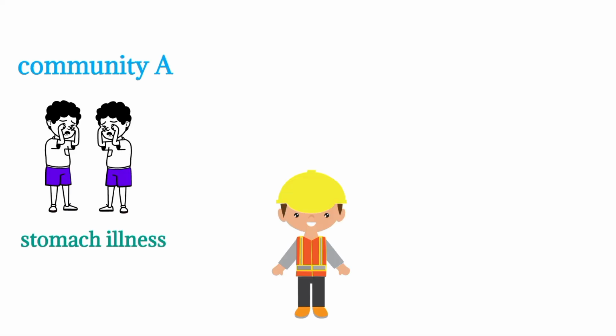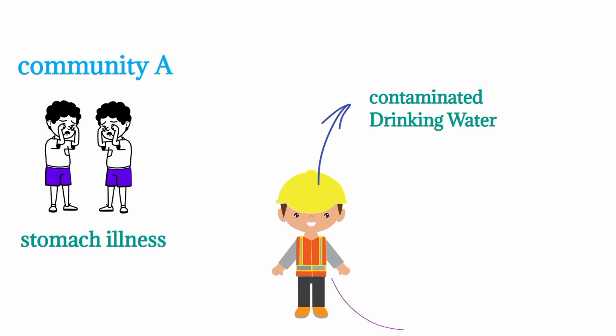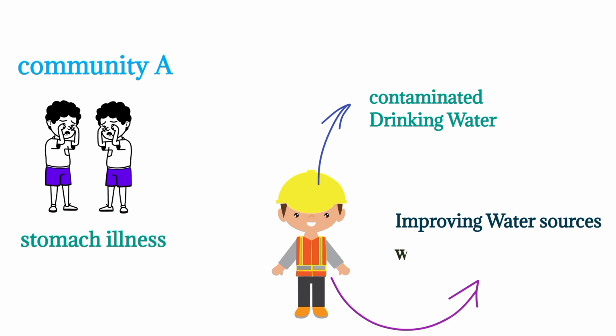For example, let's say we have village A. It's a rural village where many children are suffering from frequent stomach illnesses, and villagers might think it's due to bad luck or seasonal changes. But through community diagnosis, health workers might discover that the real issue is contaminated drinking water.